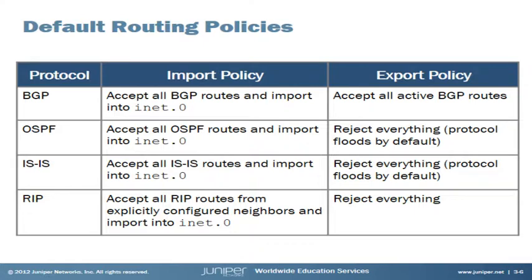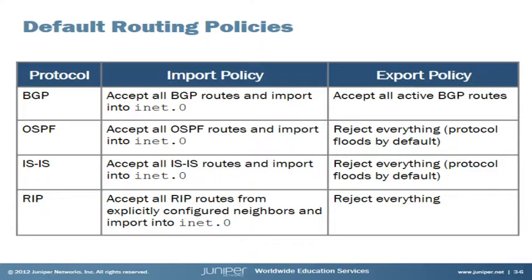So with BGP, any BGP routes that are advertised to our router, we're going to accept them. And any BGP routes that we have in our routing table, because we have accepted them, we will re-advertise out to other routers. Okay, so everything goes in, everything's accepted, everything's re-advertised.